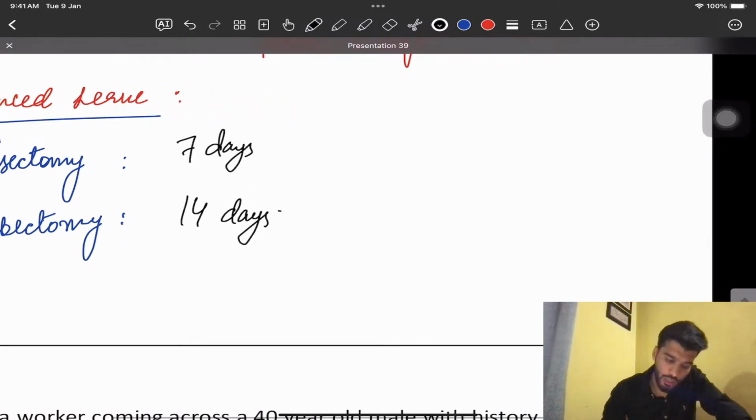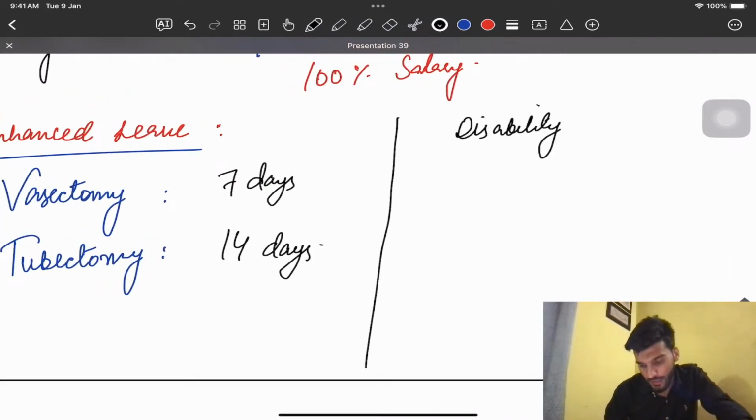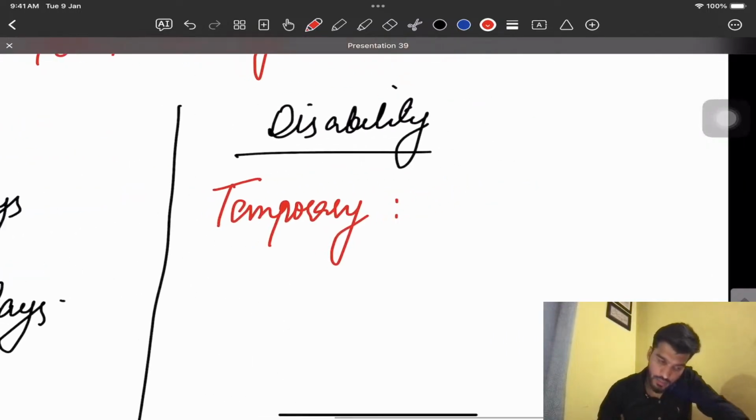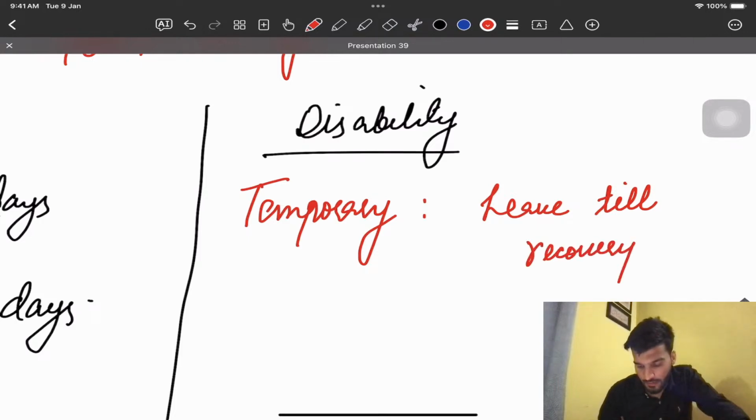If I talk about disability, in temporary disability they will give leave till recovery, that is 100%.